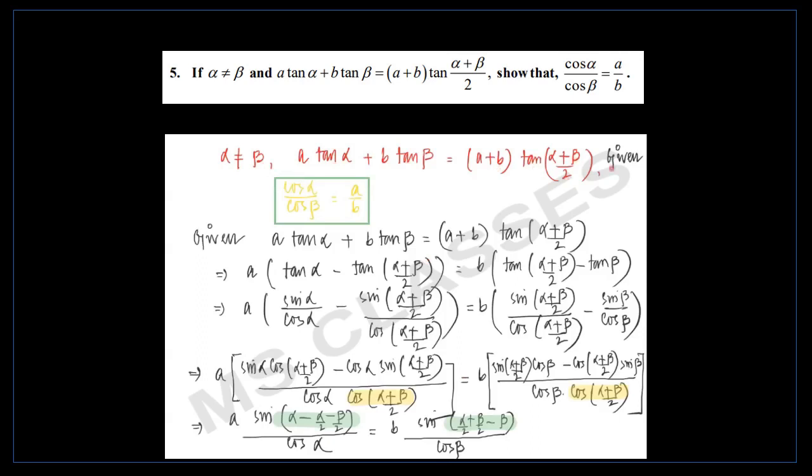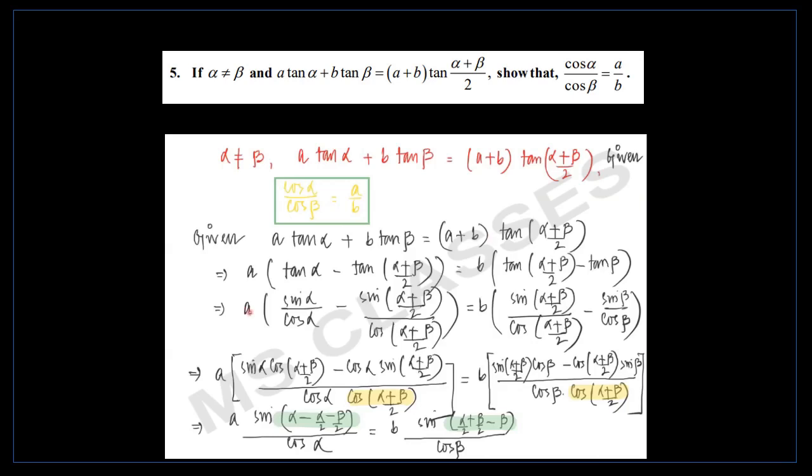This is the given information, and we have to show cos alpha by cos beta equal to A by B. From the given expression, we understand that we have to isolate A and B. So I have taken A common, and we get tan alpha minus tan of (alpha plus beta) by 2. We are trying to isolate A together on one side and B together on the other side.